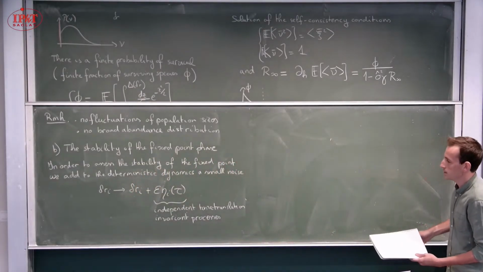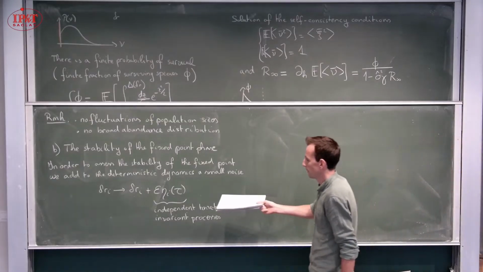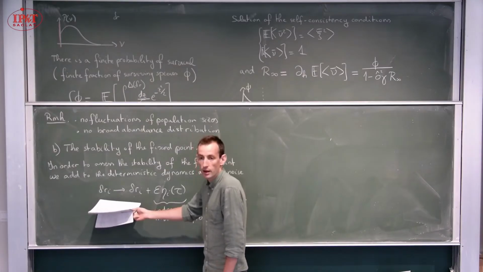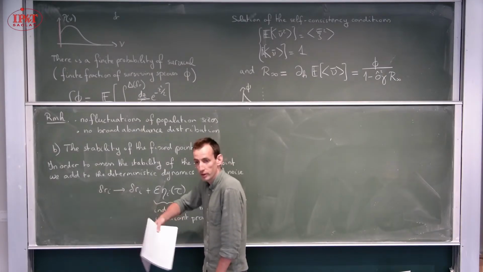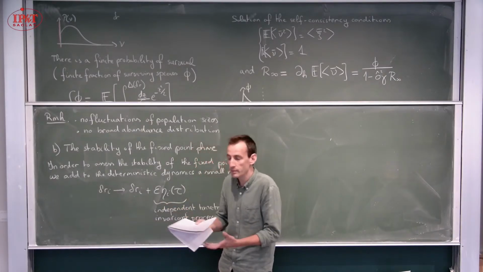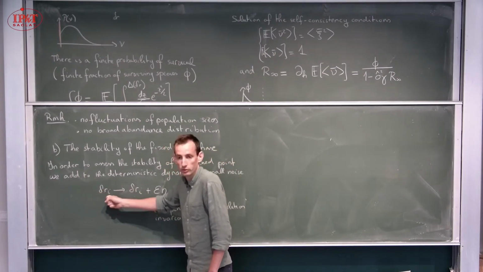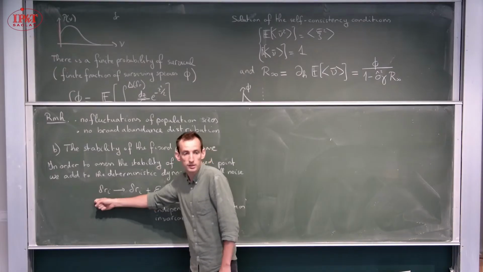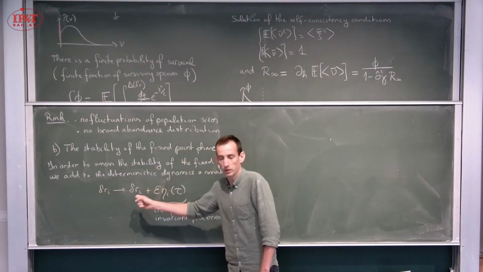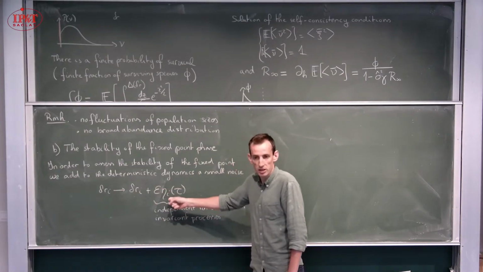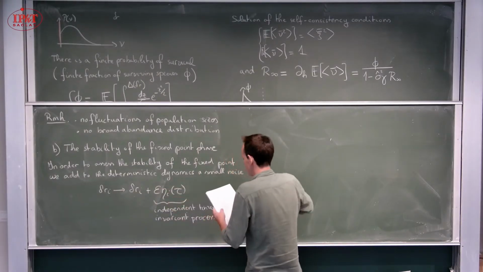So what is nice here is that I did the full DMFT derivation taking delta R_i as being random variables, independent, constant over time, but the derivation does not depend on them being constant over time. The only thing that I need is statistical independence between the different delta R_i. So actually adding this noise doesn't change anything in the derivation.